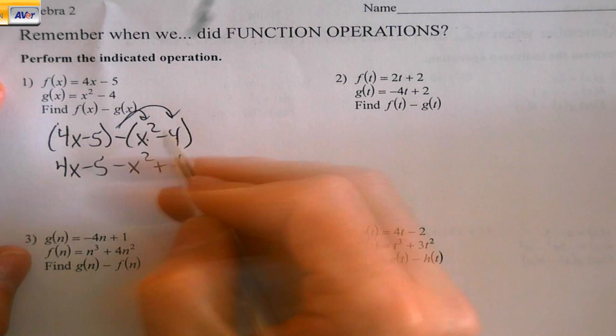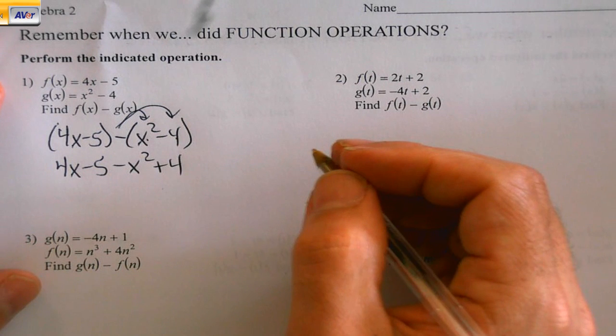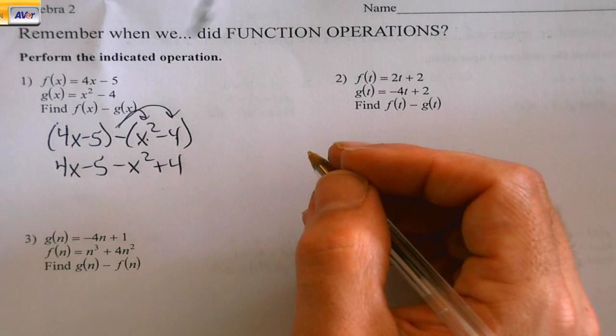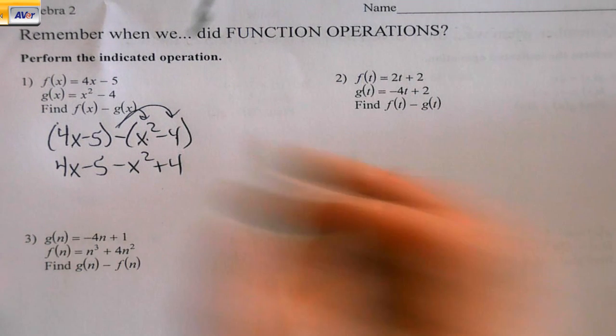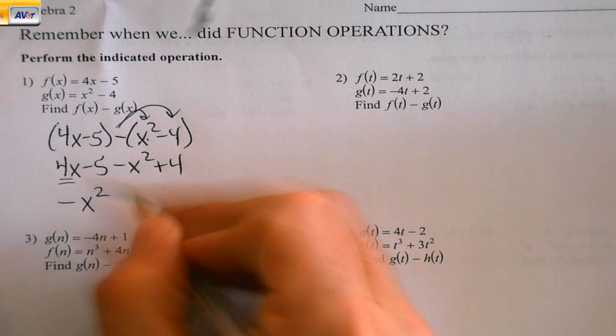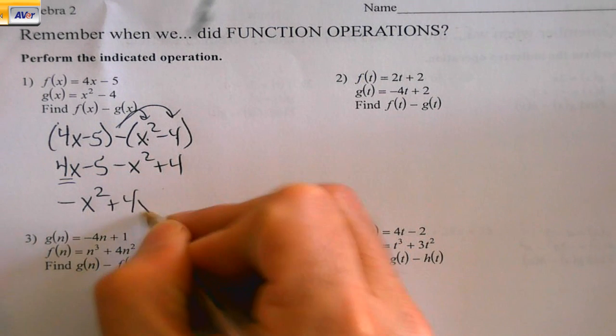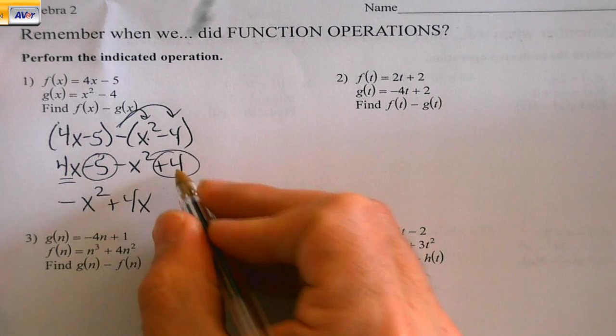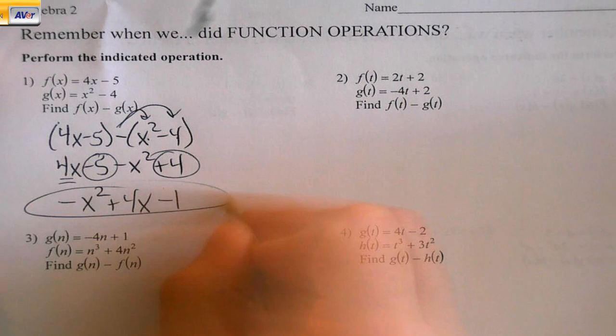If it was addition I wouldn't have much to think about. Again, the parentheses help me remember that. If I don't have them, I'm probably going to forget. And when we write our answers, we always write them in standard form, which means we go from our largest degree and work our way down, and if we have like terms, which we will at times, we go ahead and put those together.